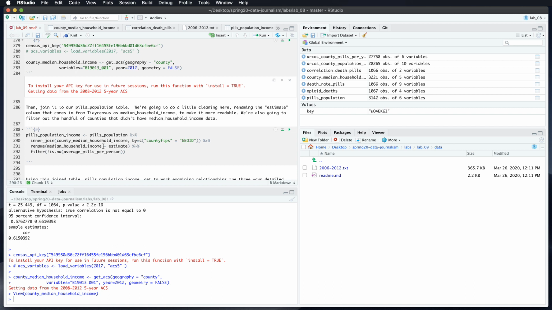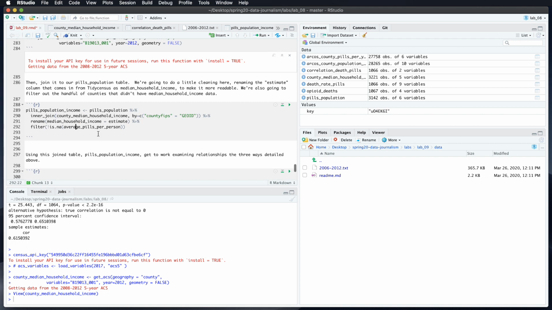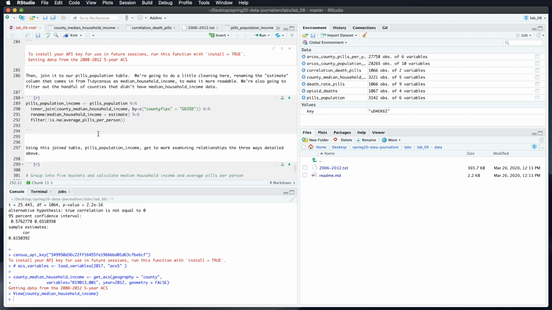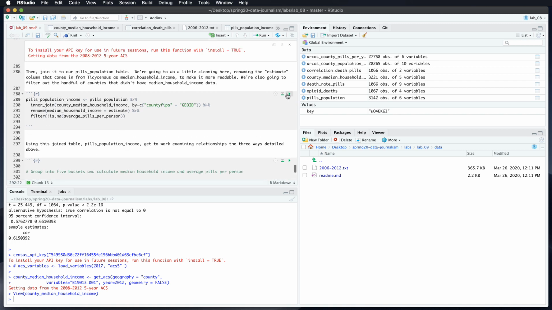Just to make things a little bit easier for us, we're going to rename the estimate column to median household income. It'll just make more sense when we're referring to it going forward. And lastly, I'm going to filter out any NA values in our average pills per person column. If we don't do that, then it may prevent things working in the future.